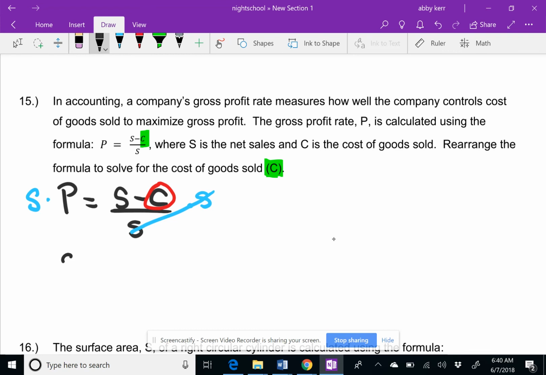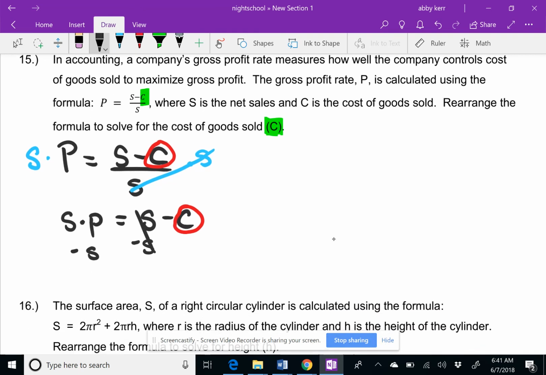So then we have S times P equals S minus C. Once again, we're looking for C. So then we have to undo the adding S. So we take away S. So then we have SP minus S equals negative C. Now we still have that negative.